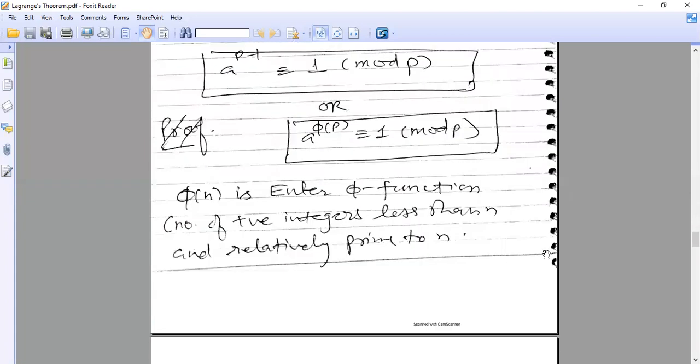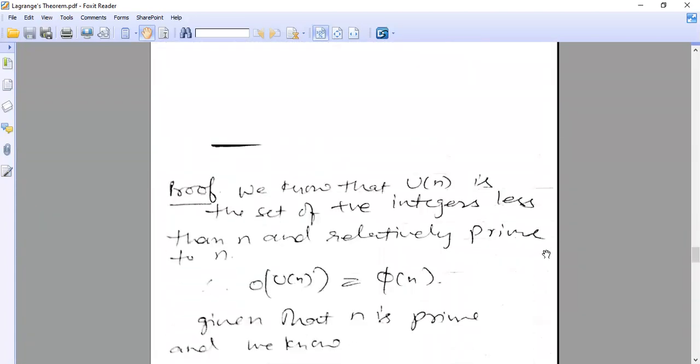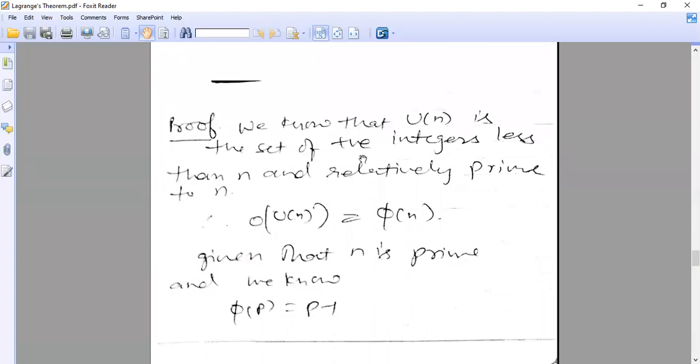Now we are going to prove this Fermat's little theorem as a corollary of Lagrange's theorem. And this is the notation Un. We have already seen what Un is. Un is a set where you take all the positive integers which are less than n and relatively prime to n.